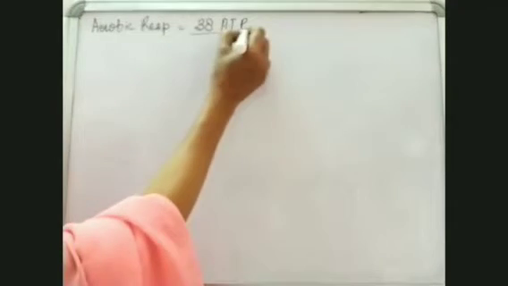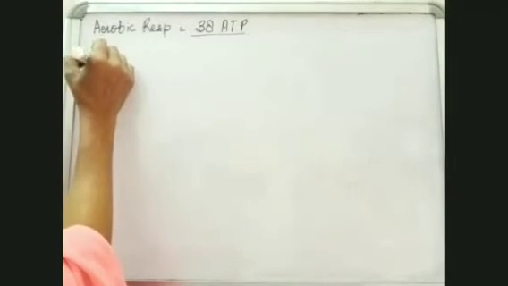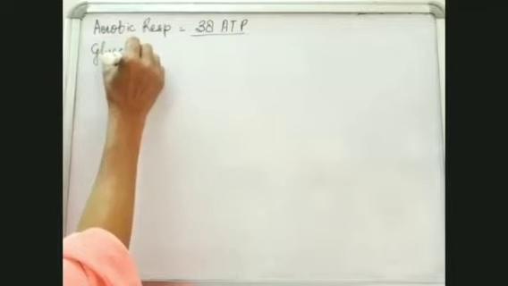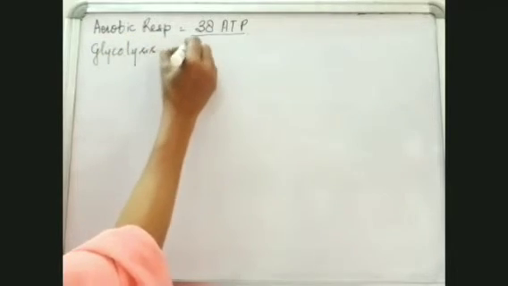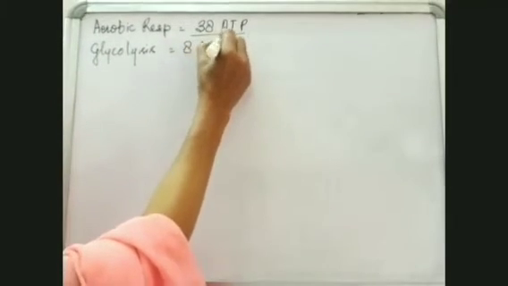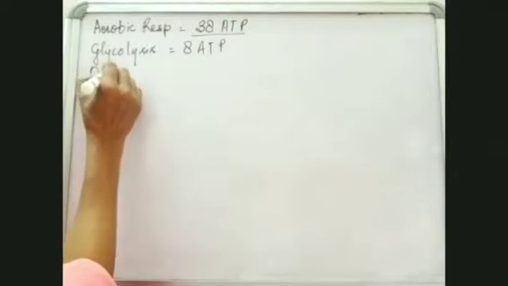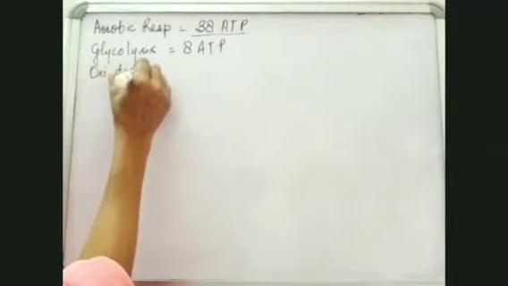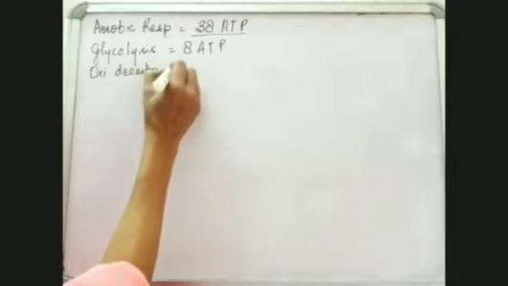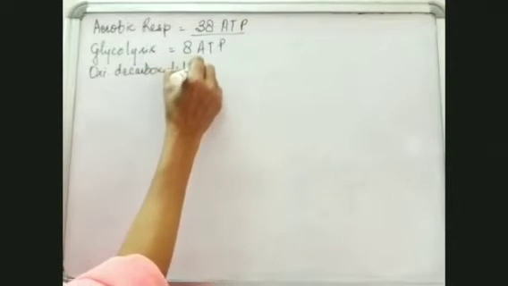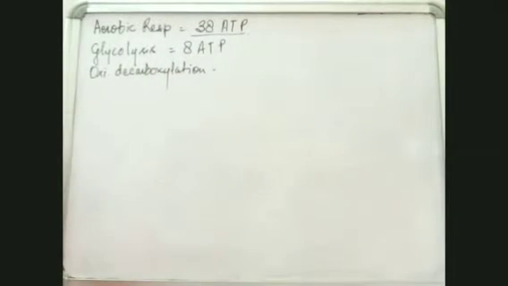Out of these 38 ATPs, glycolysis yields 8 ATPs. Oxidative decarboxylation was also a process.